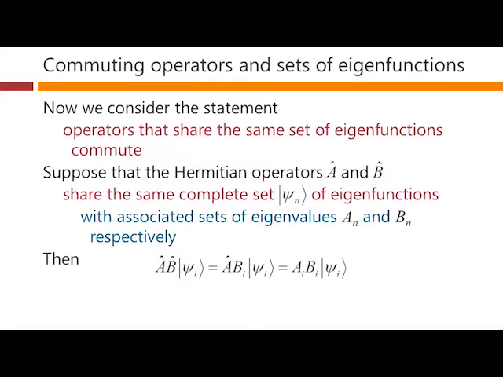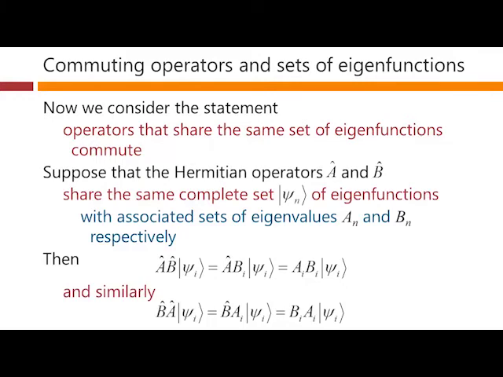Then A after B operating on psi I will be A operating on bi times psi I, because this is the eigenvalue we get, bi, by operating with B on psi I. Well, we can move this number around if we want. A operating on this vector, which is just some vector proportional to this eigenvector psi I, also of the operator A, just gives us another factor ai out in front. So A after B operating on psi I is ai times bi times psi I.